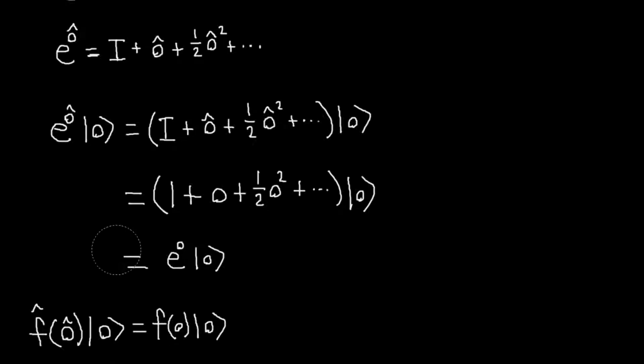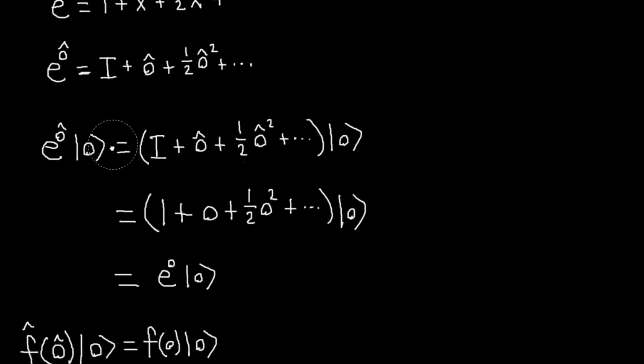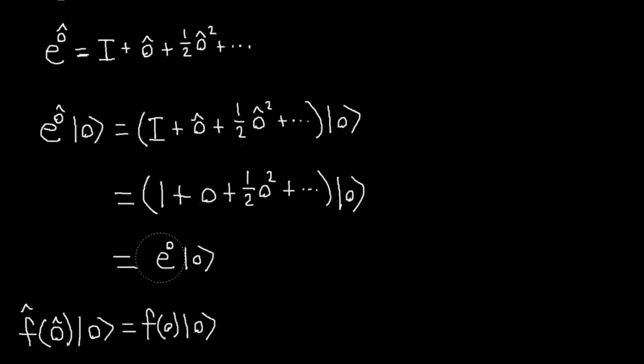So what that tells us is that when we have a function of some operator acting on an eigenstate of that operator, the eigenstate will also be an eigenstate of this function of the operator with eigenvalue f of, in this case, O. We've seen that here: e to the O acting on the O eigenstate just gives you e to the O times the eigenstate.